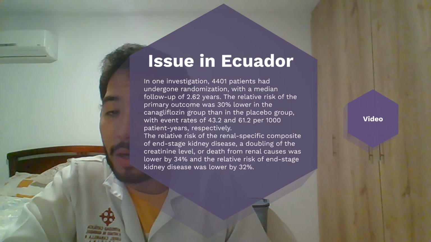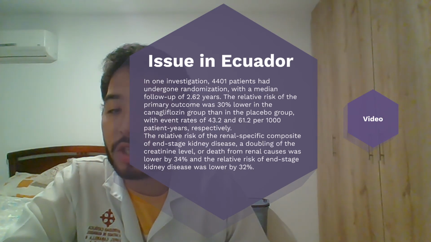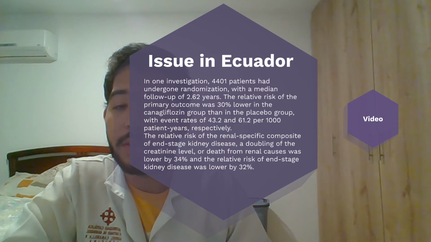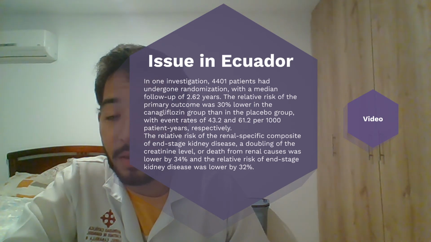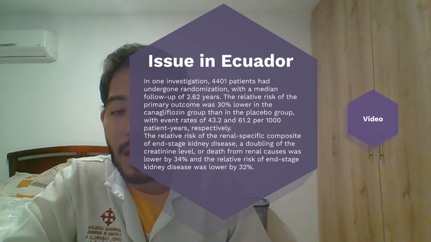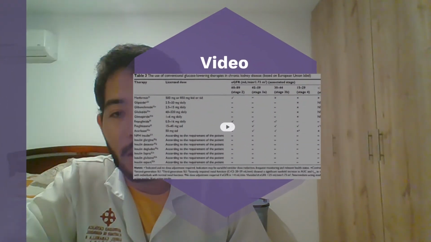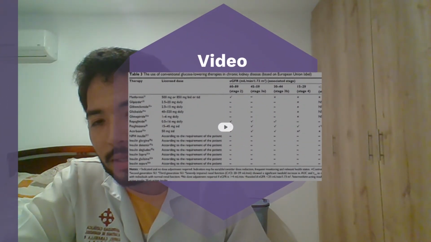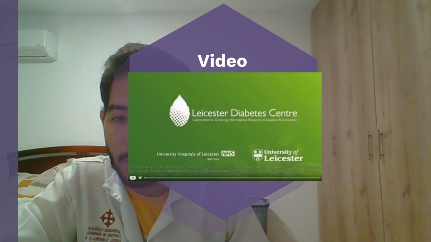The relative risk of the renal-specific composite of end-stage kidney disease, a doubling of the creatinine level, or death from renal causes was lower by 34%, and the relative risk of end-stage kidney disease was lower by 32%. This is a video that can talk about it, so I'm going to show you.